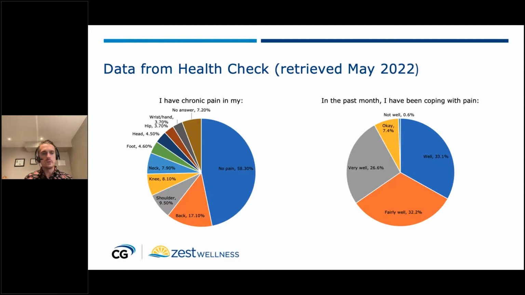We see this as an opportunity when we look at our aggregate health check data to say, when we create a new webinar, this is the type of topic we should do to help people. We're trying to learn everything we can from you in order to deliver sessions like this. So that gives some background on why we're here today and the importance of pain management for our well-being.